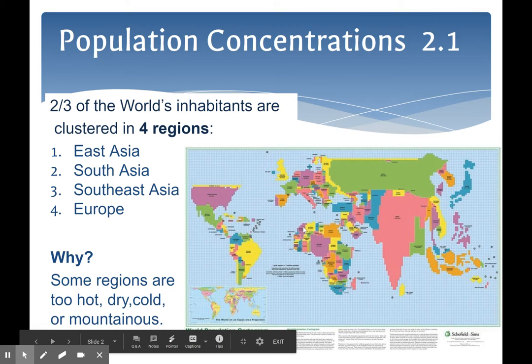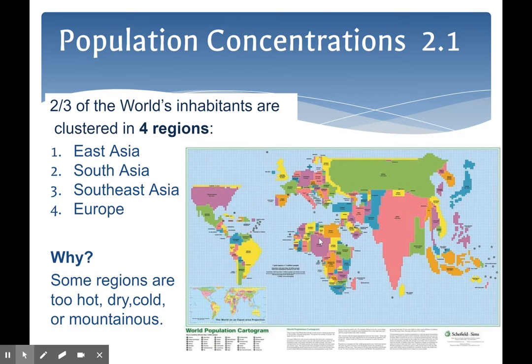It's a lot smaller because there's the Sahara Desert there, so it's very hard to live there and grow a population to be larger. But you see places like China and India and Europe where the countries are more suitable for people to live. The weather's better, the land is more fertile, and more people are growing and populating those areas.